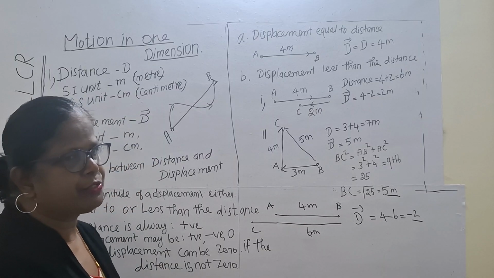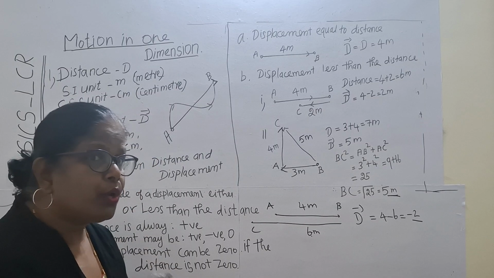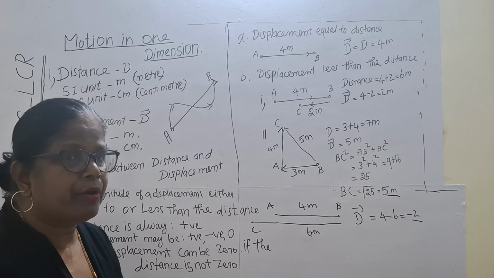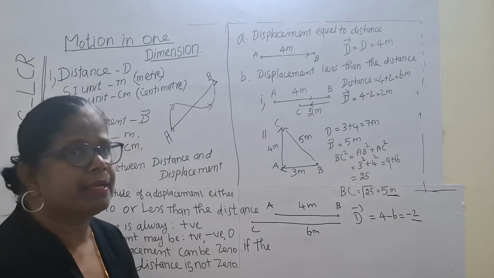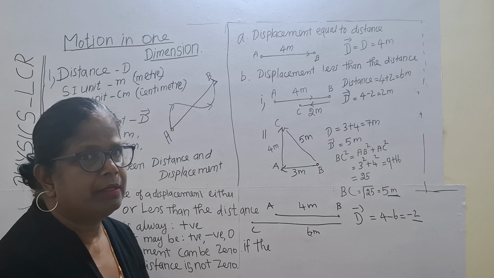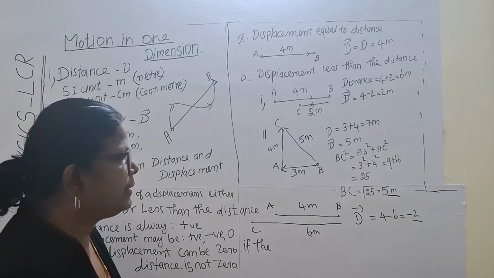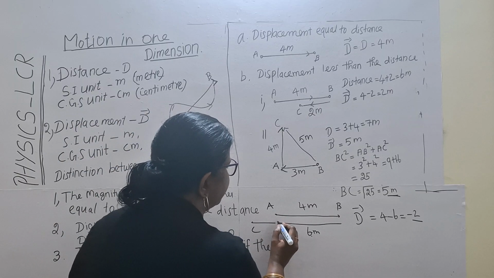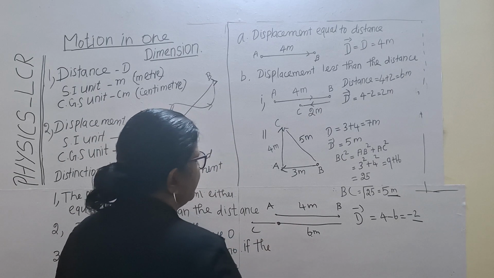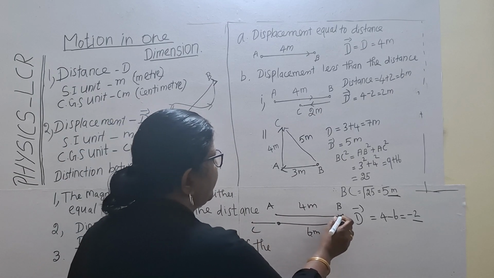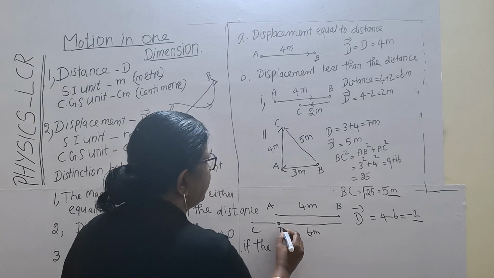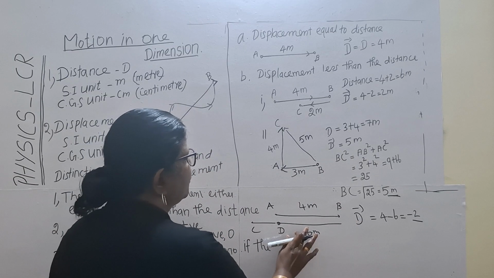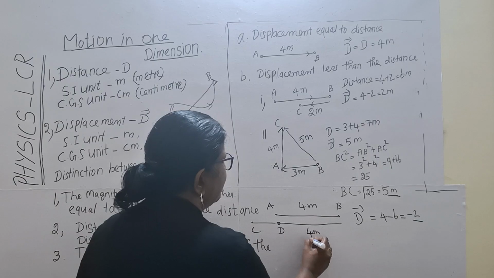Displacement is minus 2. When 0 will come? When the body reaches back to the position where it started. Suppose this position, A to B, then B to D, this is 4 meter.